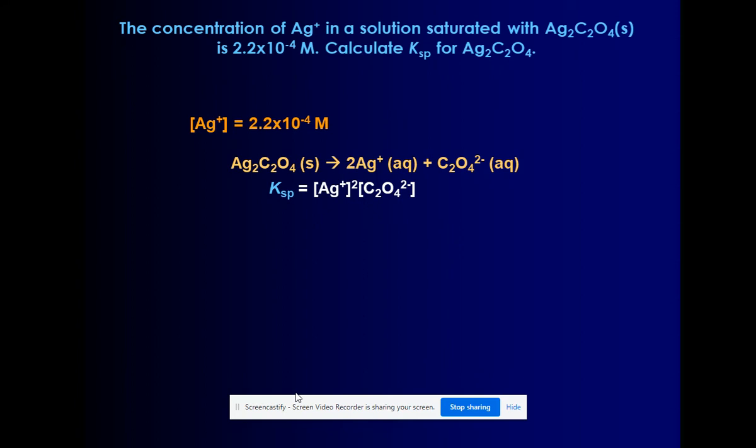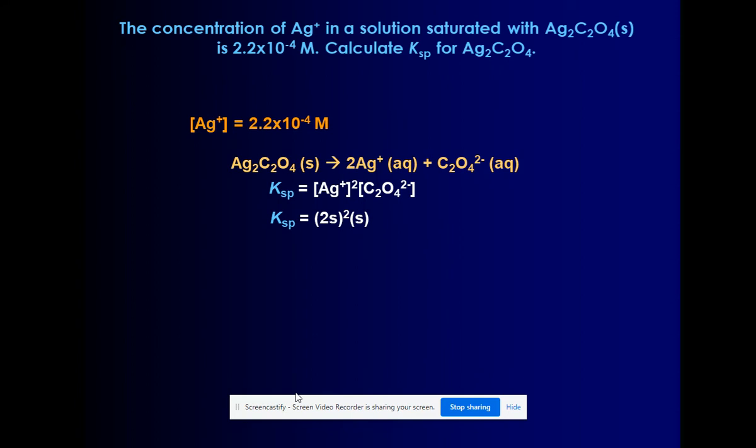Now, there were 2 silvers produced from 1 silver oxalate molecule and only 1 oxalate produced for 1 silver oxalate molecule, so that concentration of silver would represent 2 times the solubility of silver oxalate. So that would be your 2x. And then the oxalate would be just x.